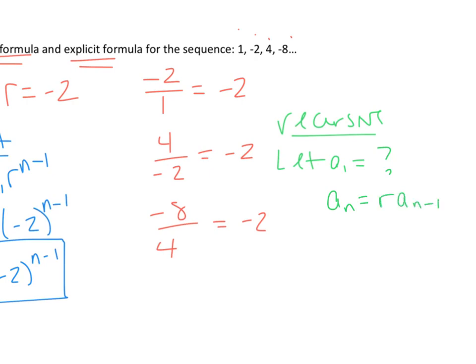So I'm going to plug in a1, and in this case, a1 is 1. And then I'm going to plug in r as -2. I need to show that this is multiplying because it is geometric, and that's my formula.